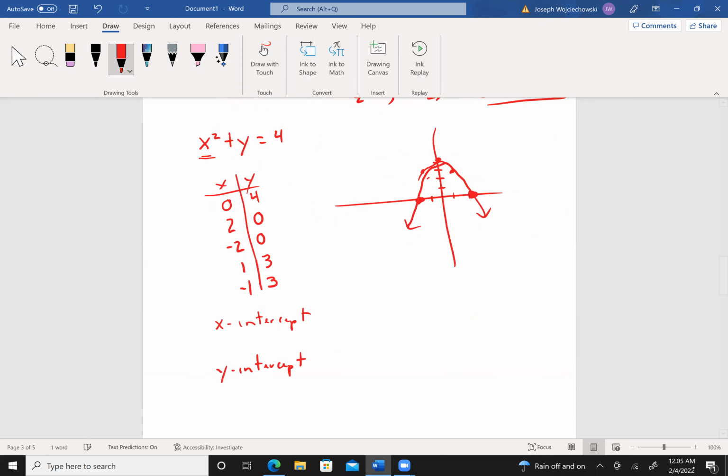Well, whenever y is 0. So to find the x-intercept, let y equal 0. To find the y-intercept, well, that's this point where x is 0, so we let x equal 0. So we found 2 x-intercepts and 1 y-intercept on that particular one. Always best to find the intercepts first.